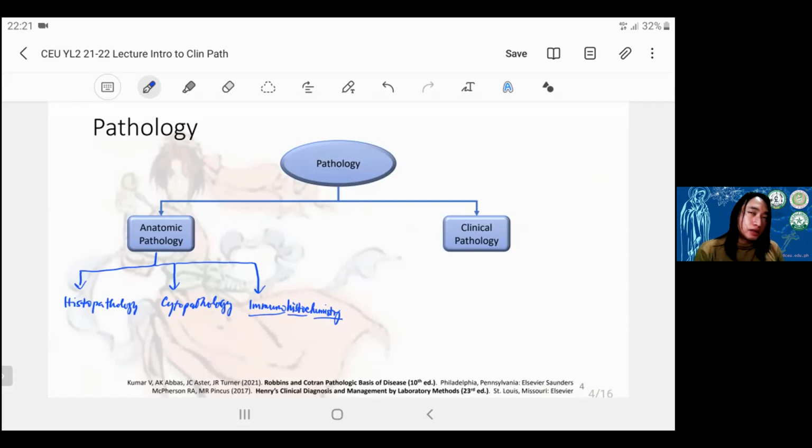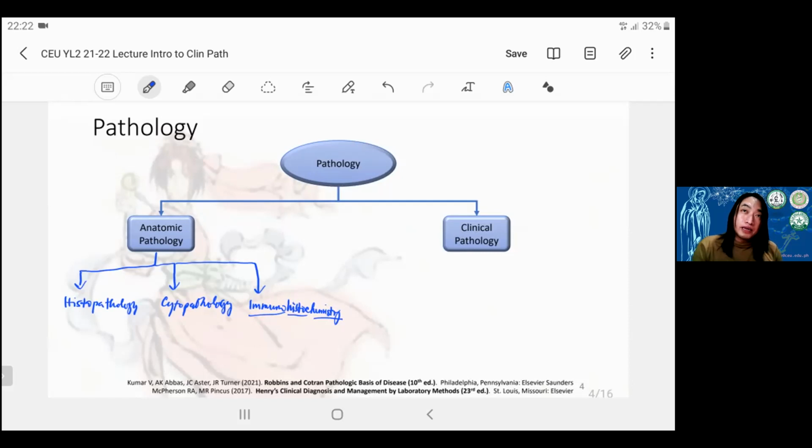So if the tissue expresses that protein, the antibody would bind and it will express a brown color. So that's basically your anatomic pathology, which majority of our discussions revolves in.